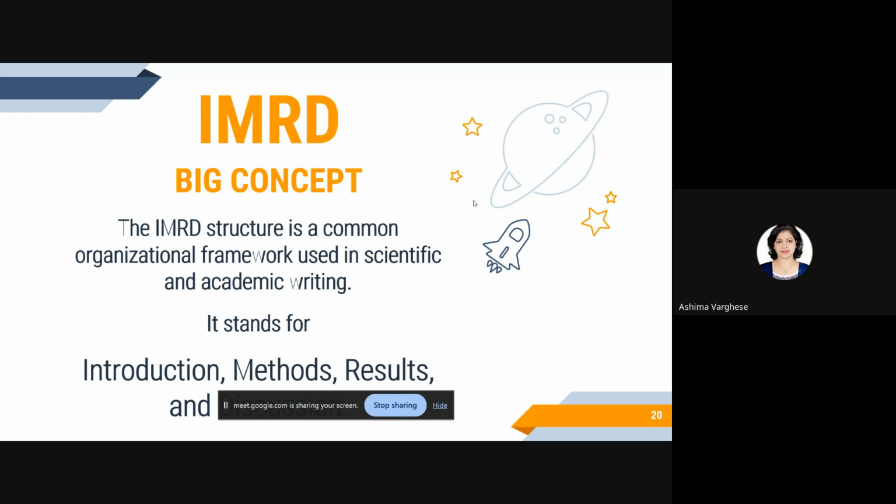What does it mean? I stands for introduction, M stands for methods, R stands for results, and D stands for discussion. So, to get a brief idea about what IMRD is and how it is to be followed, I have set an example for you so that you can easily relate to it.